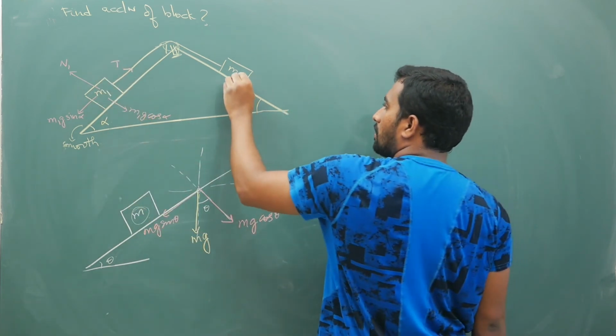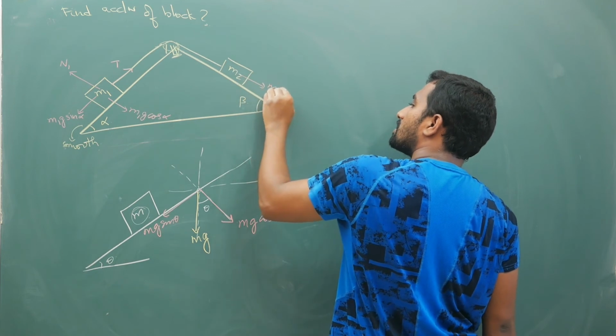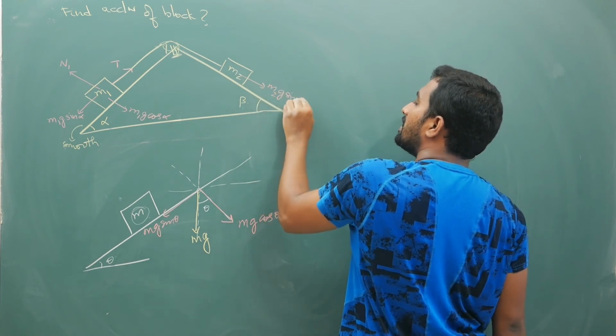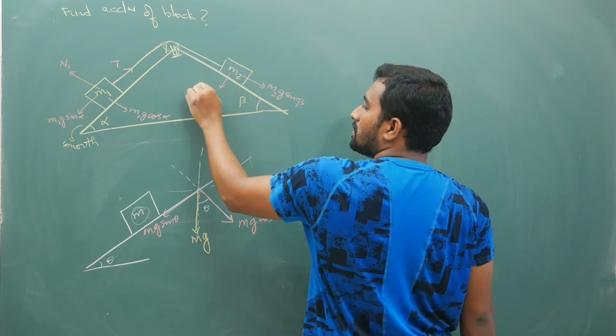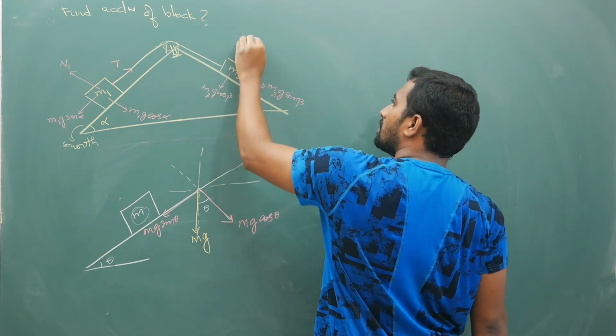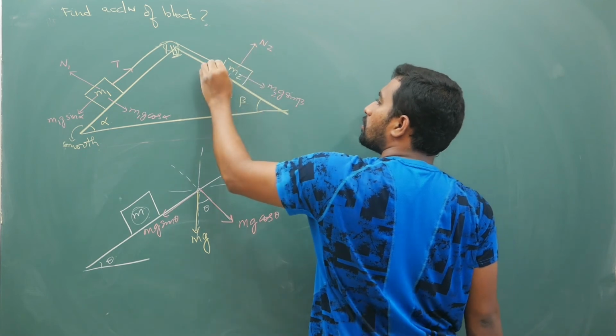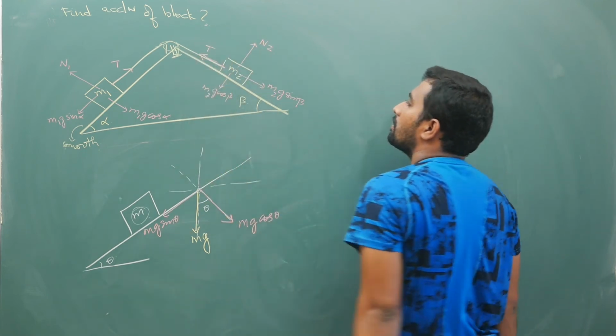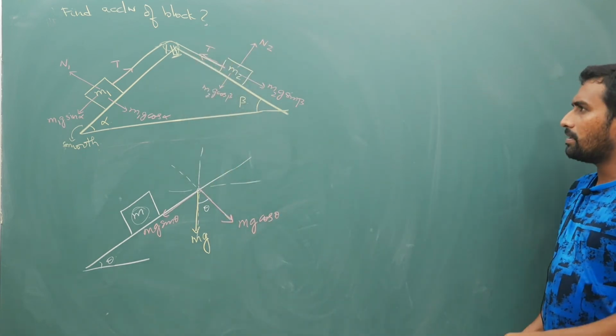Next, on m2, this is m2g sin beta, perpendicular to this is m2g cos beta, the normal reaction is n2, and this is your tension T. Hope you are getting my point.